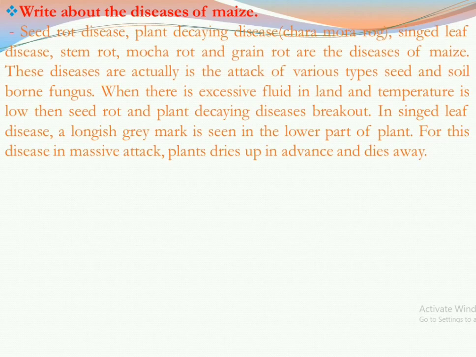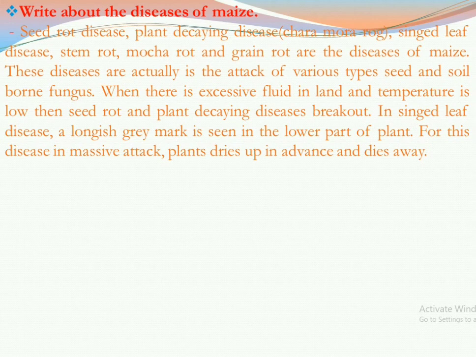Now let us know about diseases of maize. That means by which diseases maize is actually affected. There are seed rot disease, plant decaying disease, singed leaf disease, stem rot, mocha rot, and grain rot, the diseases of maize. These diseases are actually the attack of various types of seed and soil borne fungus.